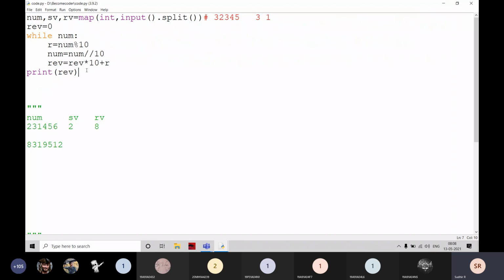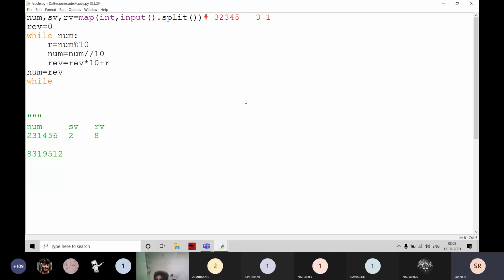Then I'm going to maintain num is equal to rev. For simplicity, I'm going to maintain the reverse number in num here. Then I'm going to write the original logic here.